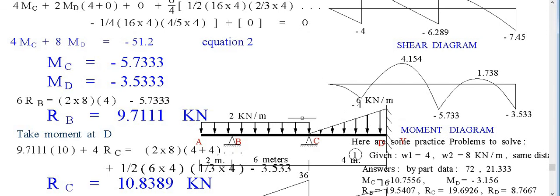Okay. This figure above is the same as this one.